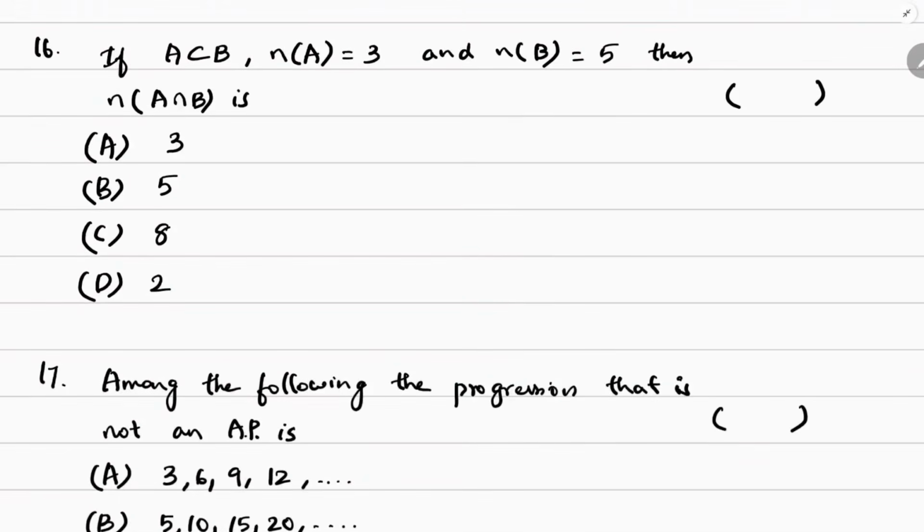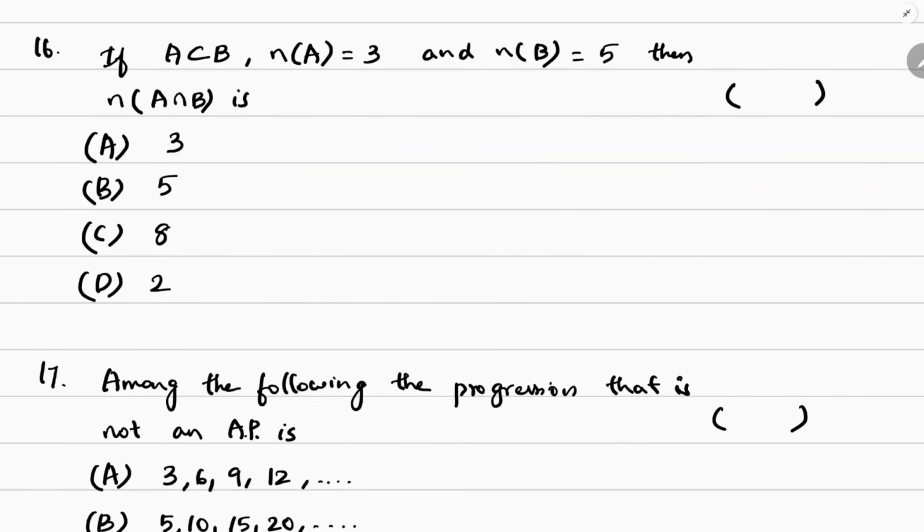A is a subset of B. A has 3 elements and B has 5 elements. The number of common elements will be like 3 elements only, maximum it can be common, because the 5 elements we have in B. In A we have 3 elements and all the elements of A are in B. So maximum intersection means common, maximum it will be like 3 elements only.